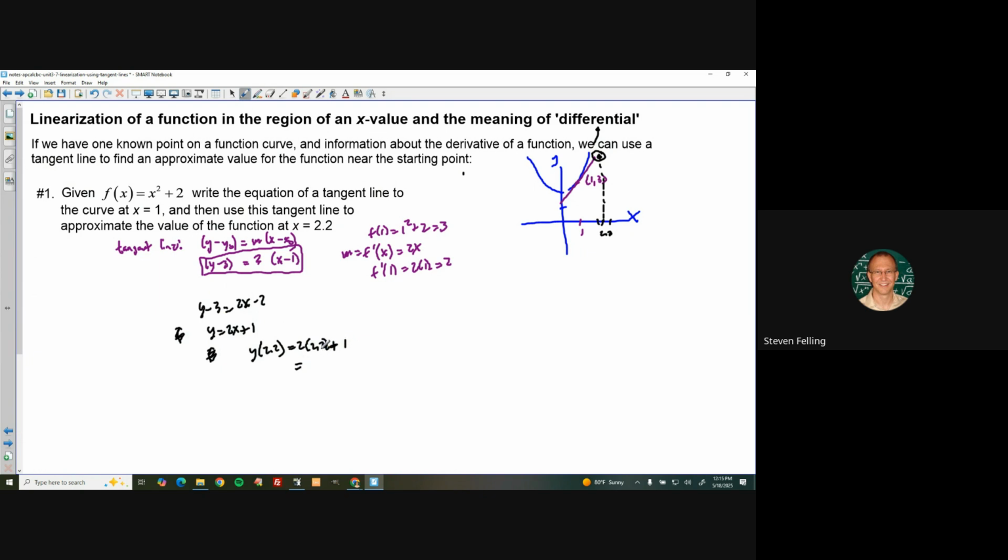So this is 4.4 plus 1, so this would be 5.4. So that's the final answer, that f of 2.2 is approximately equal to 5.4. Now, you could, of course, plug 2.2 into f and find the exact value, but this said specifically it directed us to use the tangent line to approximate the value.